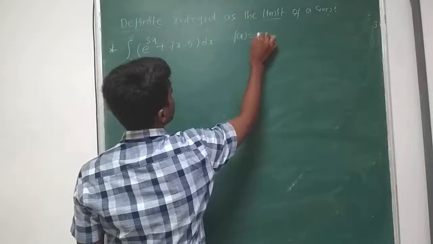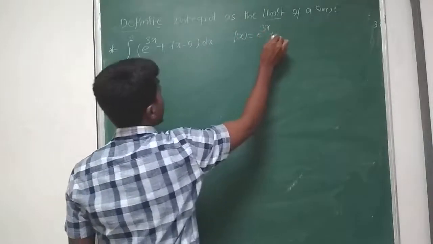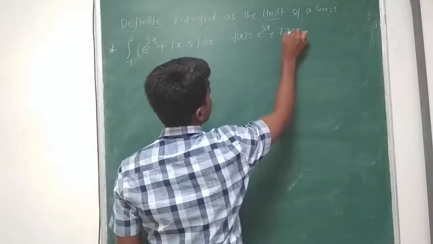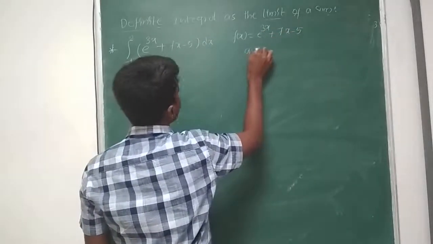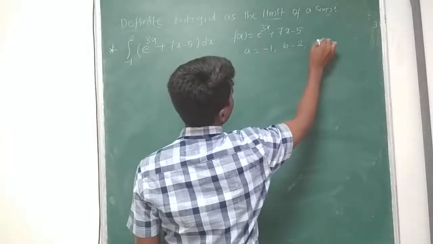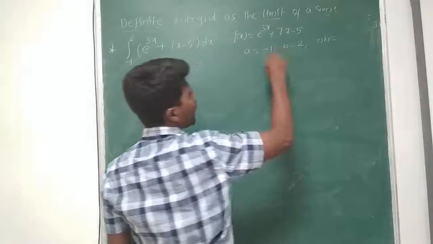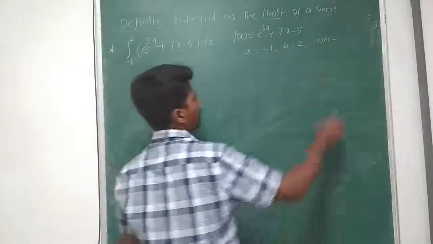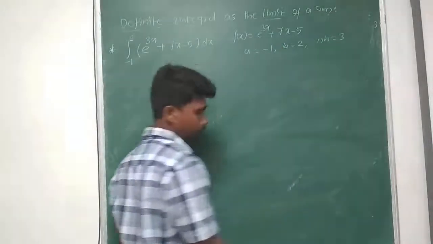The given function f of x is e to the power 3x plus 7x minus 5. a is minus 1, b is 2. So nh will be 2 minus of minus 1, which is 3. So nh is 3.